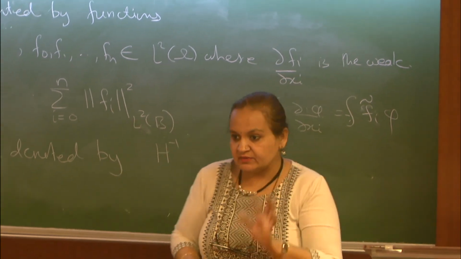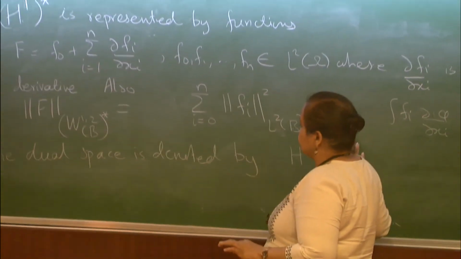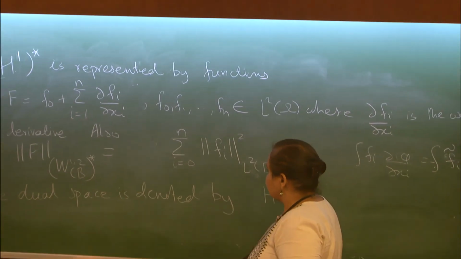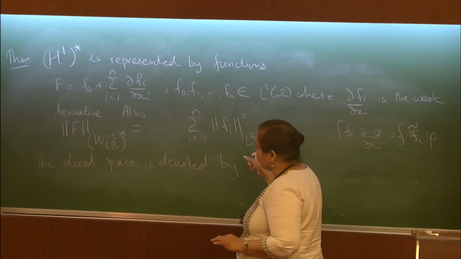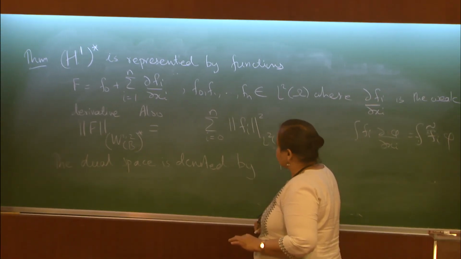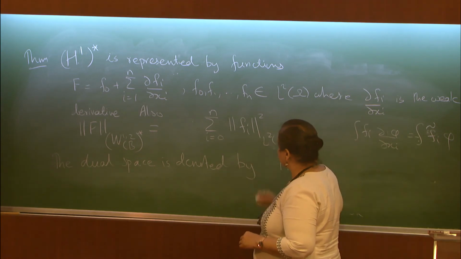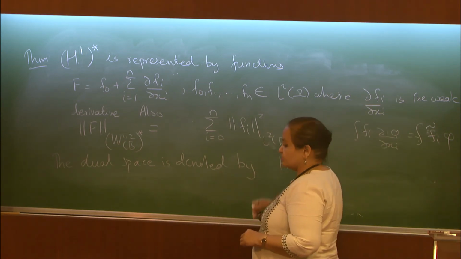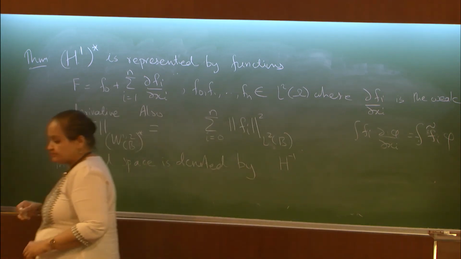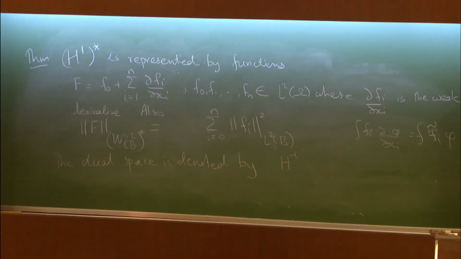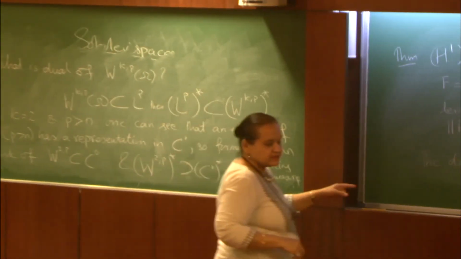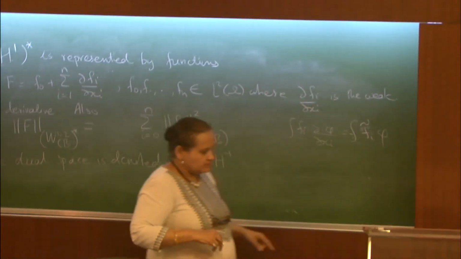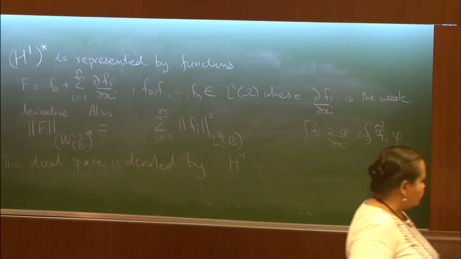That is what it means. So this is in the weak sense. I think this should be power half. The proof is, as I said, by the Riesz representation here.